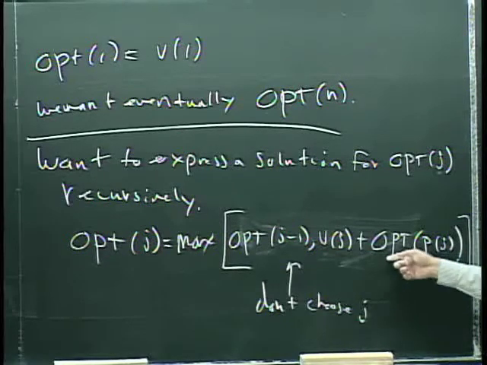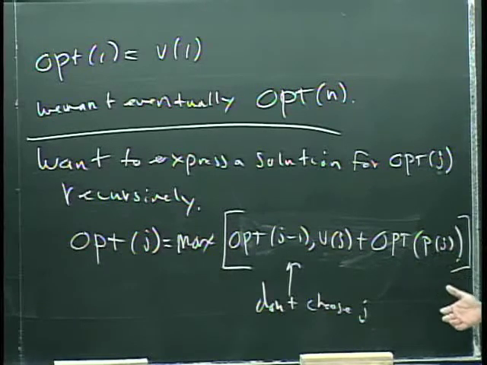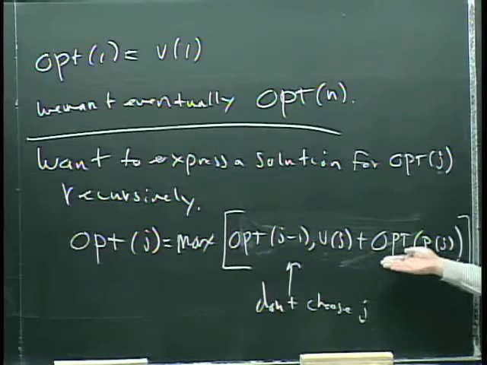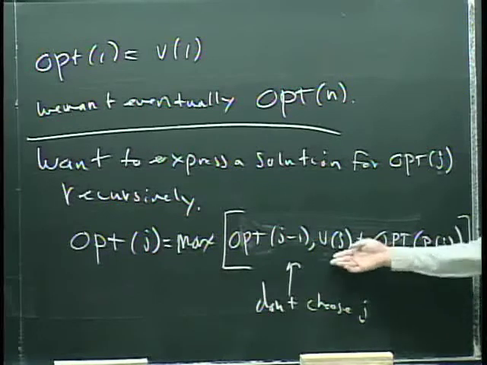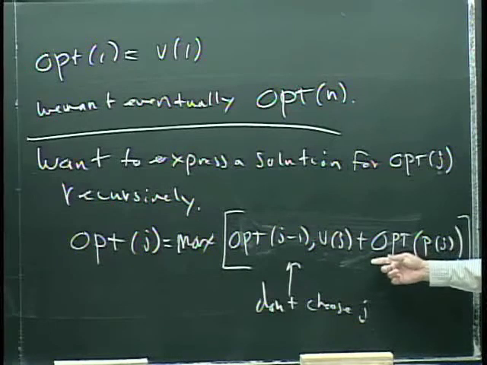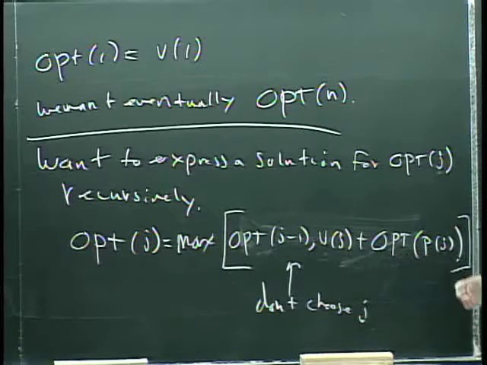But why is it right to say opt here? Well, if you consider any other subset of pairwise non-overlapping intervals in the range 1 through pj, if their value wasn't equal to this, then you could do better by taking that subset whose value is this and adding it to vj. And that's essentially a proof that the right thing to do is to take the solution whose value is opt of pj.